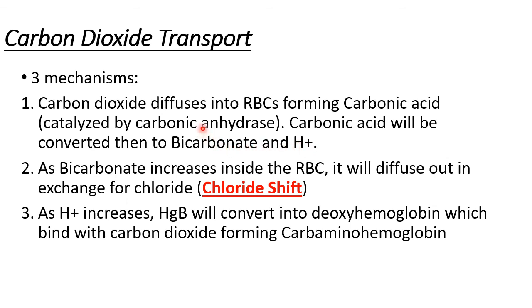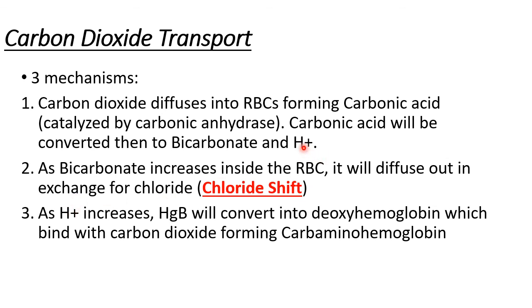Kapag dumadami na ngayon yung bicarbonate sa loob ng RBC, kailangan din niyang lumabas using an exchange or shift. Ang ka-exchange niya is your chloride. Okay? Kaya ang tawag is chloride shift. Lalabas ang sobrang bicarbonate out of the RBC. Okay? Papasok si chloride ngayon sa loob ng RBC.